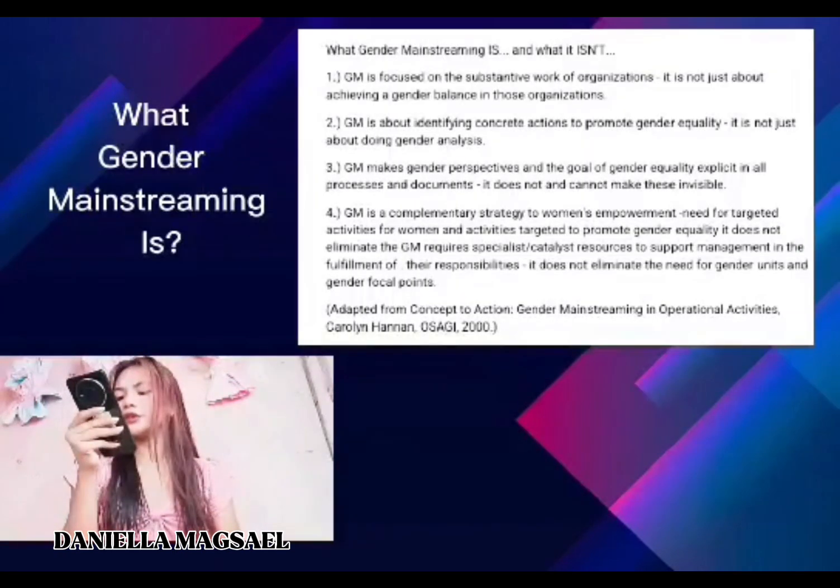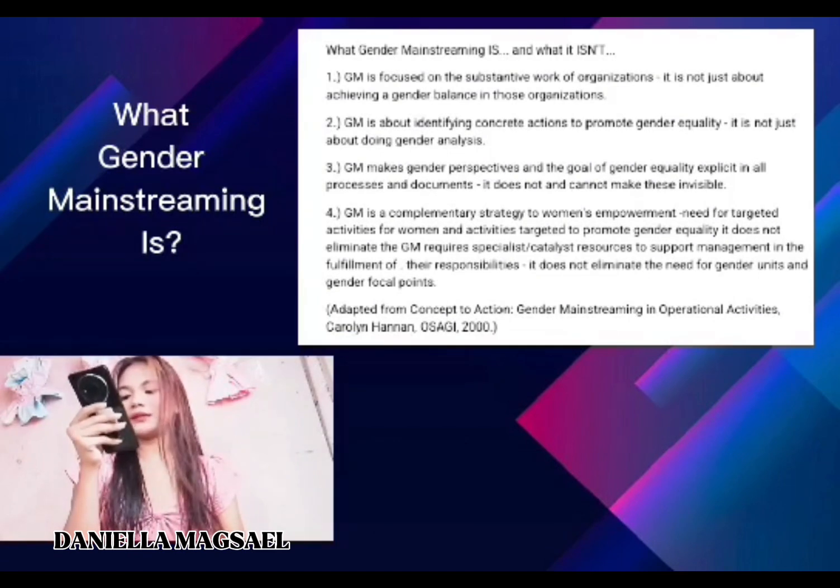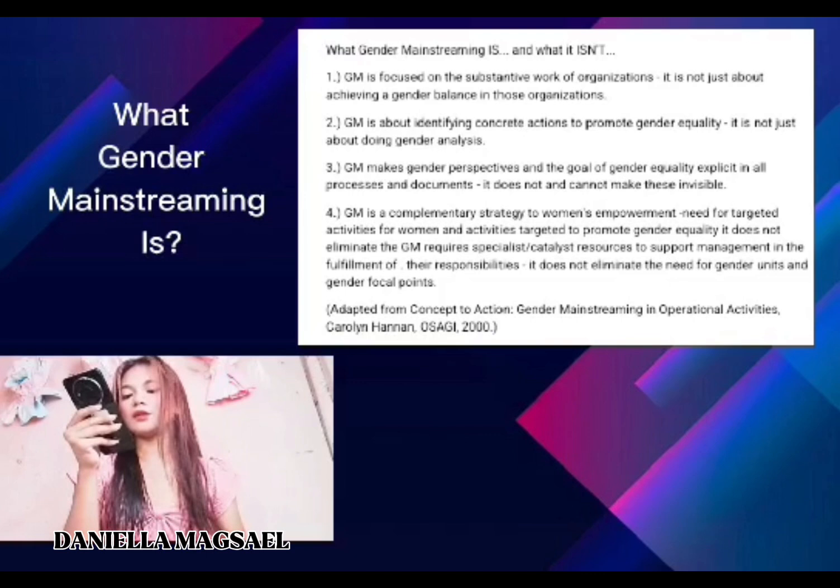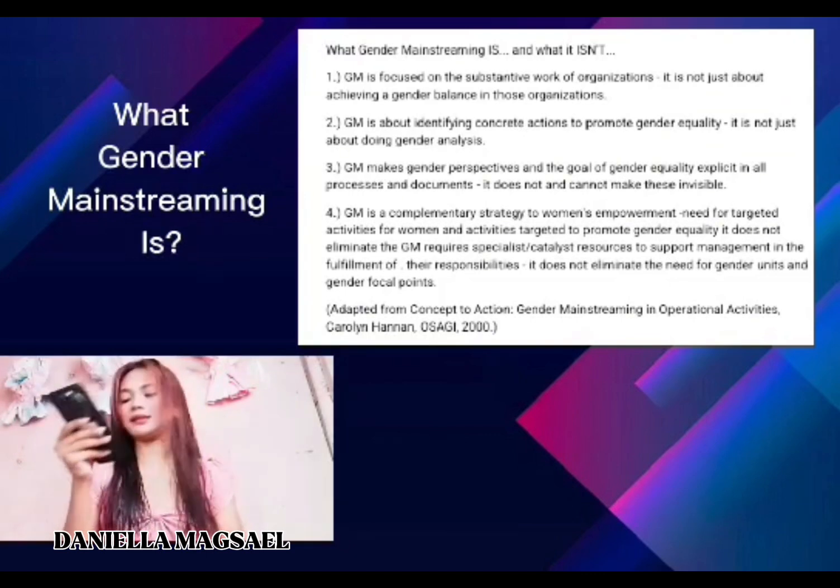So what is gender mainstreaming? First, GM is focused on the substantive work of organizations, and it is not just about achieving a gender balance in those organizations. Second, GM is about identifying concrete actions to promote gender equality. It is not just about doing gender analysis.